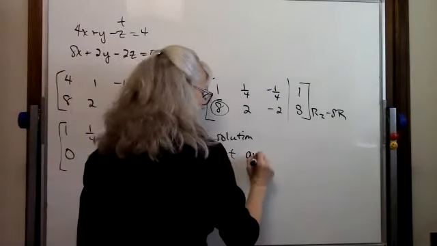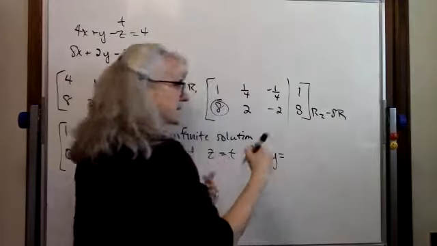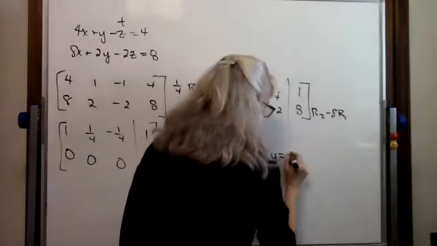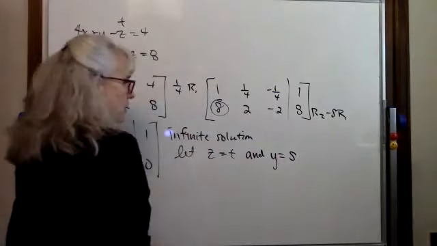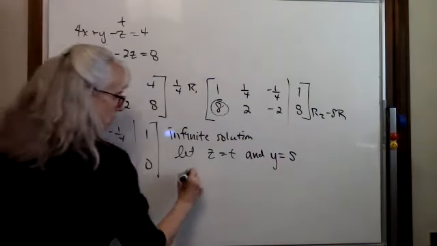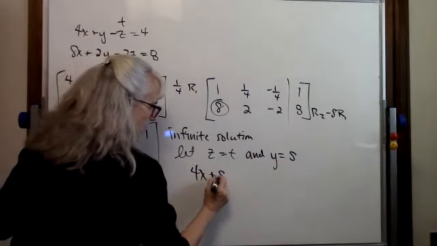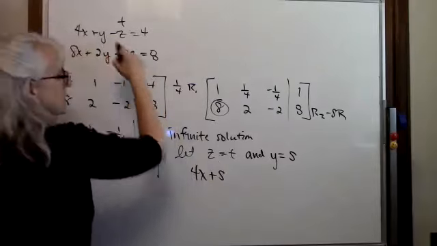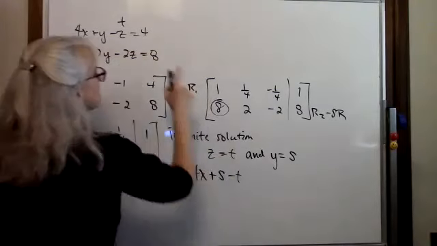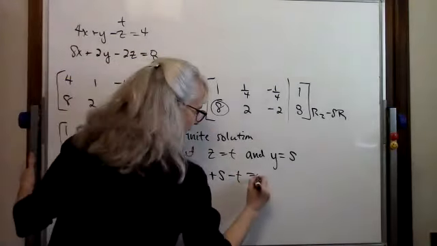So we're also going to let Y, the next to last letter we're using, equal S, because S and T go together. So now I'm going to take my top equation. That's the 4X. In place of the Y, I'm going to write an S, and in place of the Z, I'm going to write a T. And we'll get the 4.